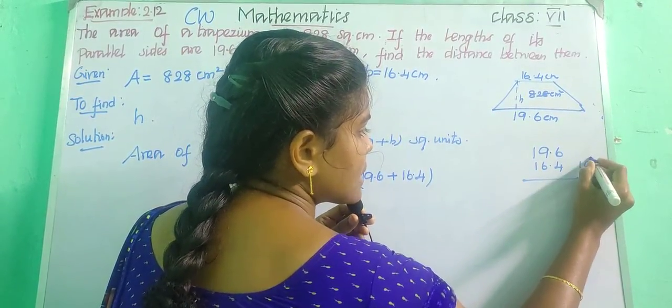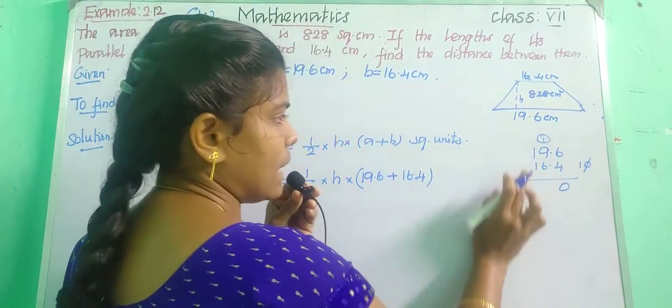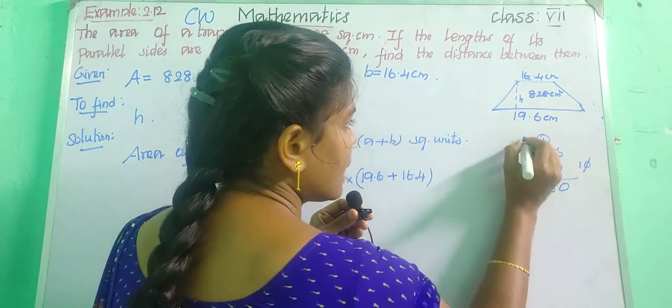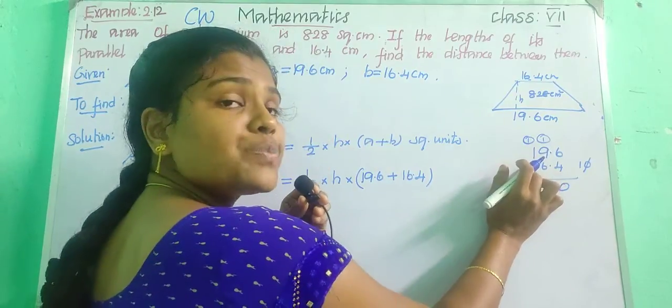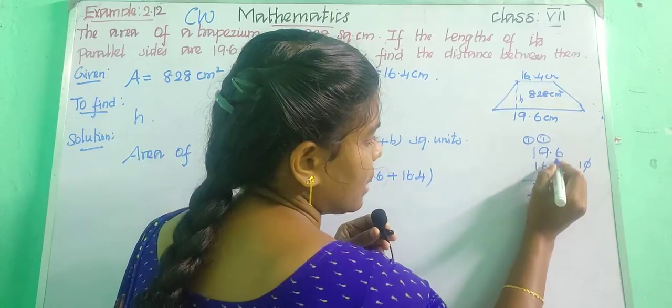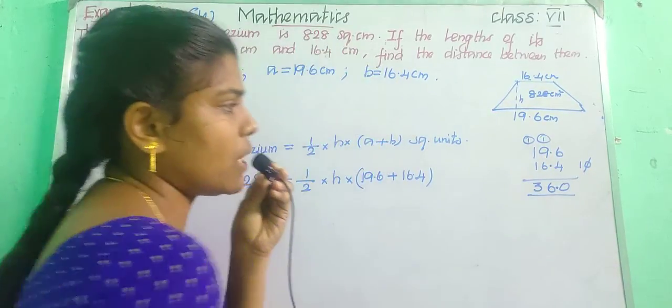Write 0 and carry 1. 1 plus 9 is 10, 10 plus 6 is 16. Write 6 and carry 1. 1 plus 1 is 2, 2 plus 1 is 3. So 36.0, with the decimal point before one digit. 36.0 is the answer.